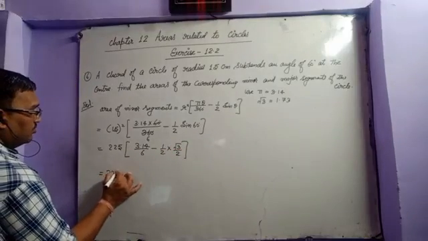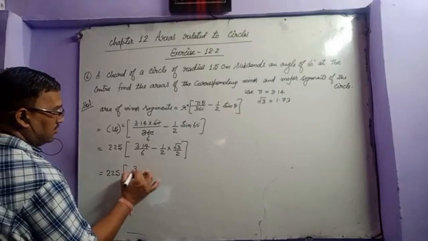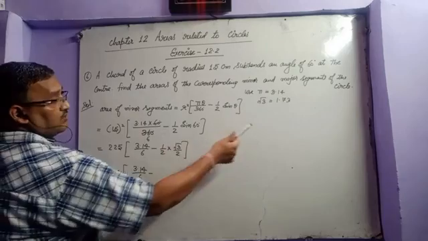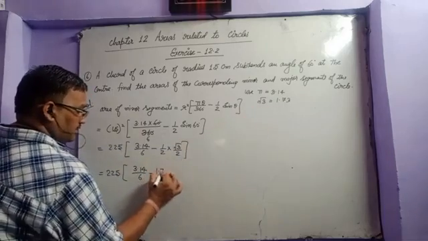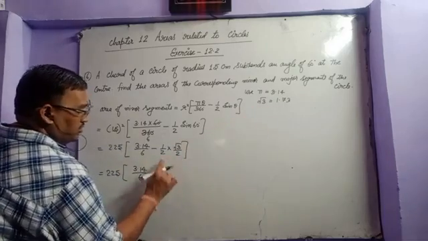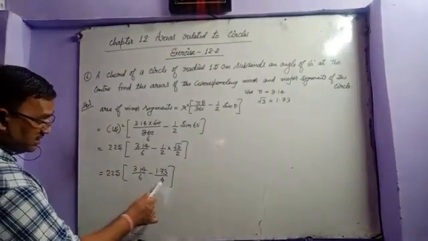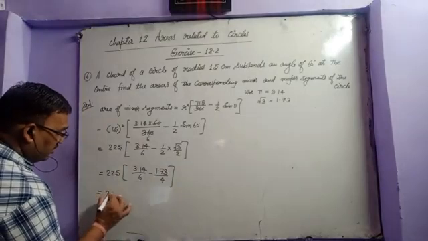Now this can be written as 225 times 3.14 by 6 minus the value of under root 3, 1.73, divided by 4, because 2 into 2 is 4. Now we will take the LCM of 6 and 4, that will be 12.